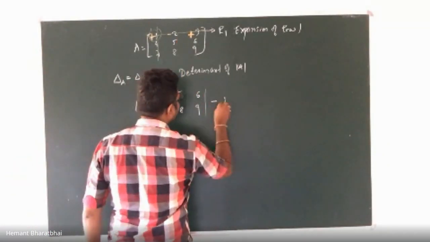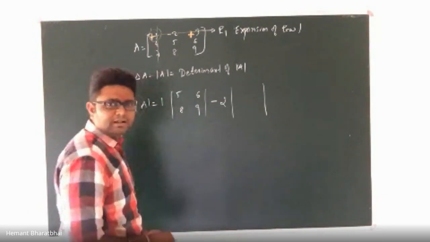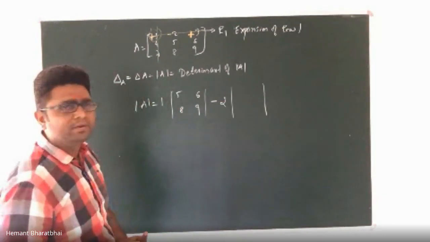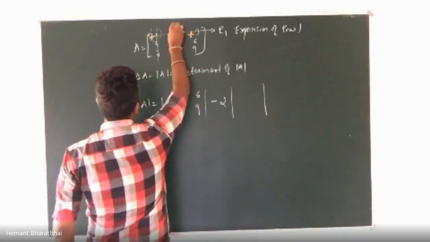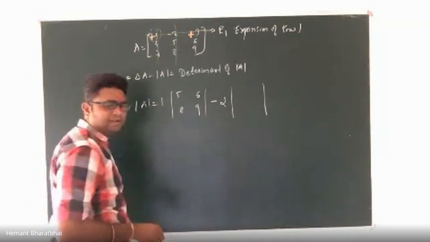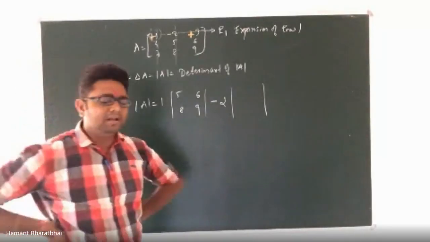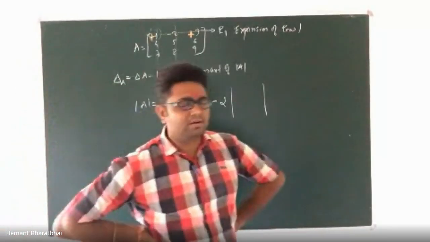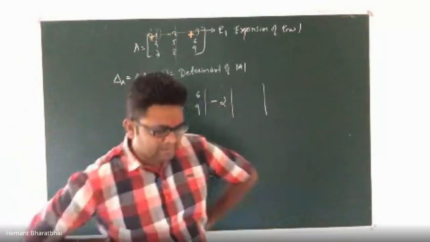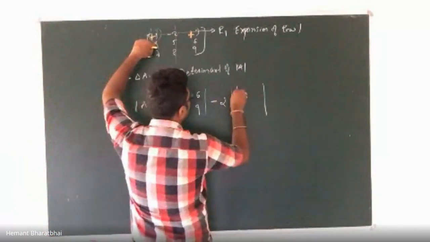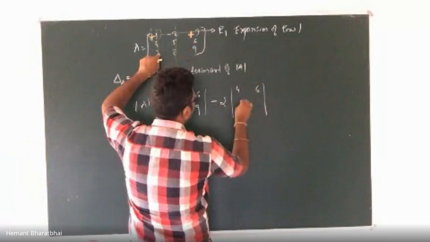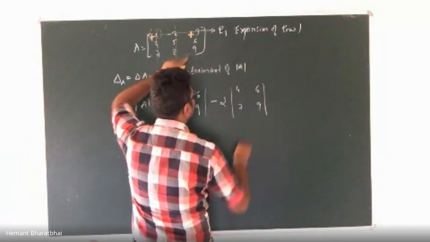The element is 2, so I write 2. Since it is in the second column, I cancel the first row and second column and write all the other elements. So that is 4, 6, 7, and 9.